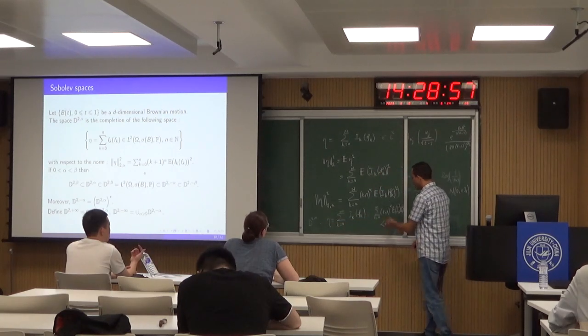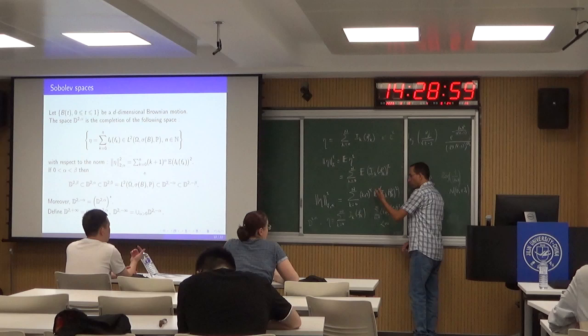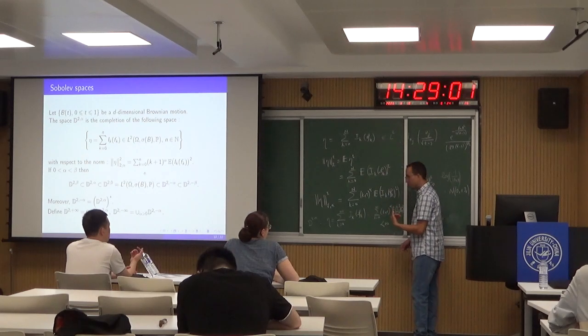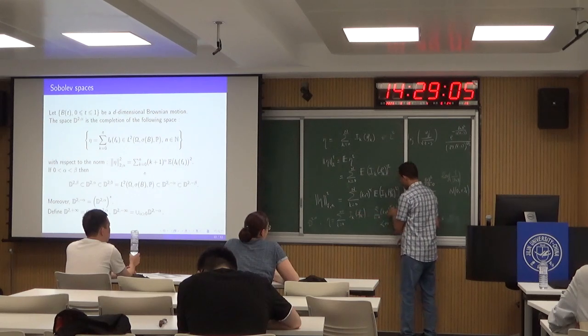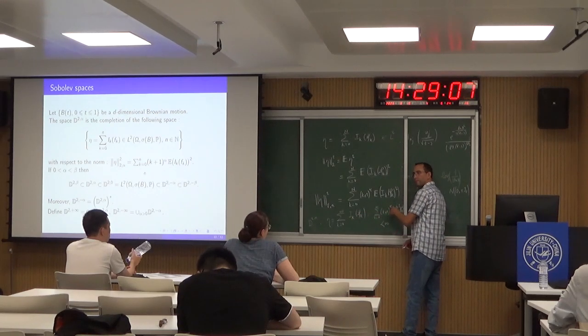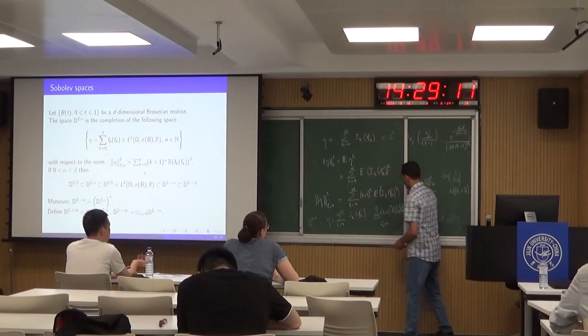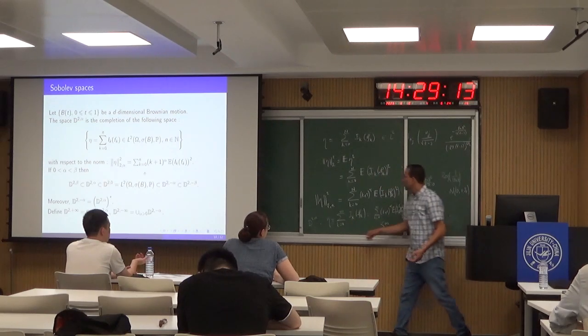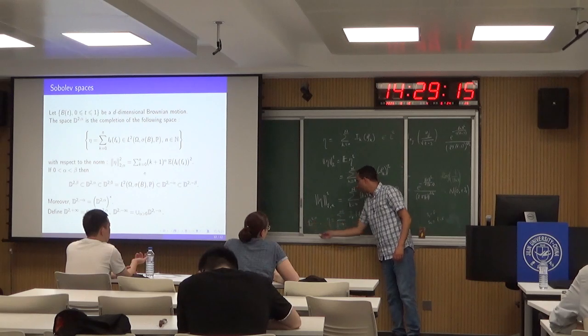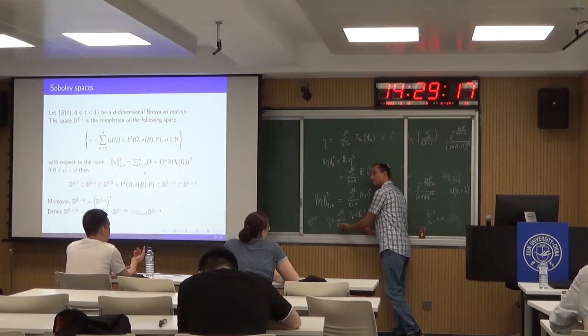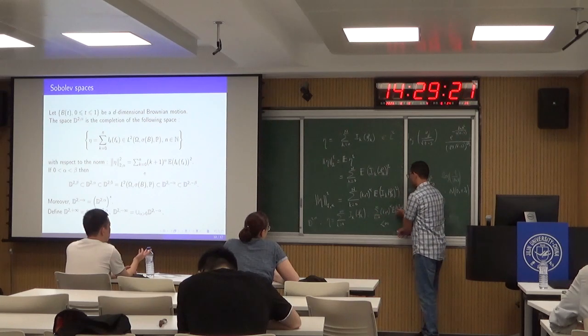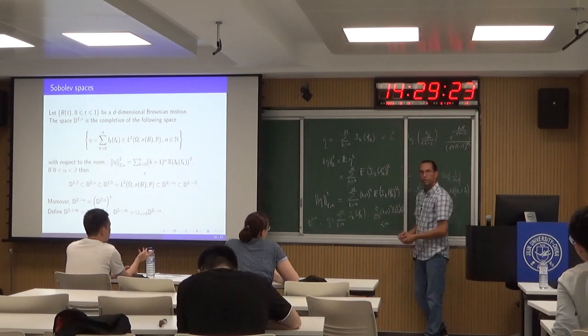But if alpha, for example, is equal to 1 or minus 1 or something else, this is a new norm, and mainly if alpha is negative, this cannot converge in L2. So, what is D2 alpha? It is the set of all such series that converge with respect to this norm.